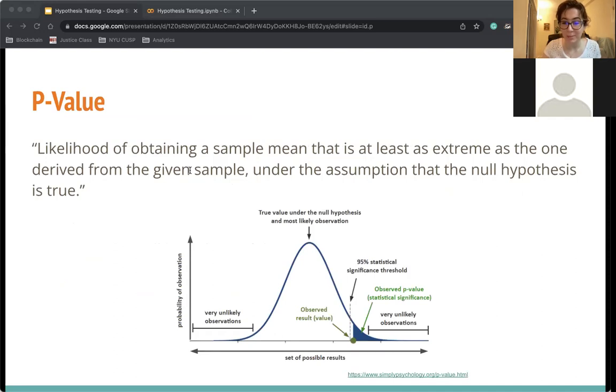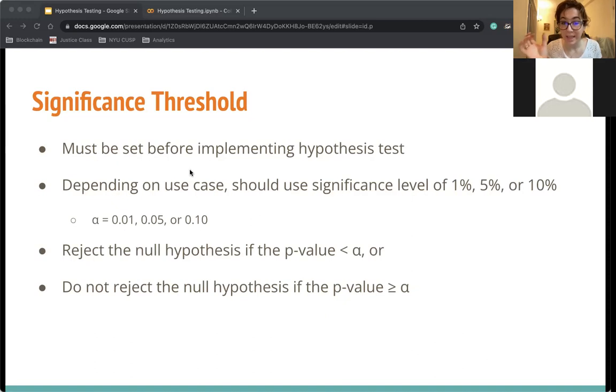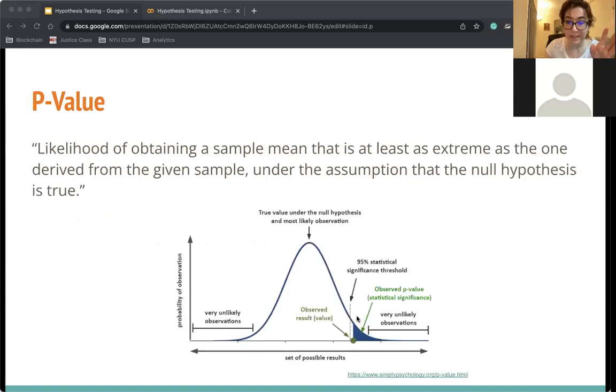If we see a p-value that is less than our threshold, then it is further along in the curve. It's more on the extreme side of the tail. But if our value is greater than this significance threshold, then it's within this area of the curve and not as extreme.